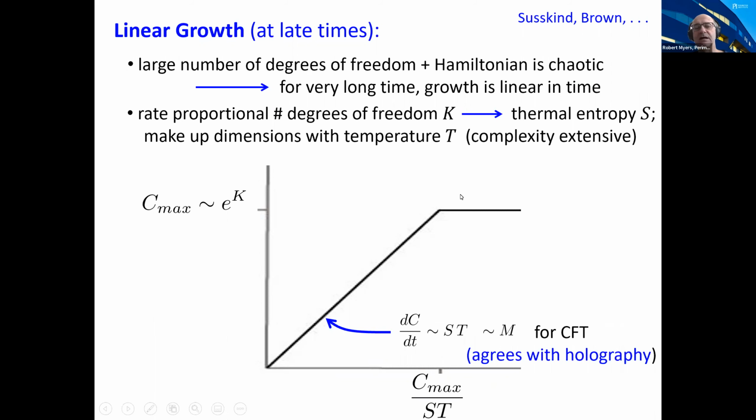And so then I would have that the time rate of change, or the slope here, is proportional to the product of the entropy times the temperature. But for a CFT, that combination is giving me the mass or the energy of the system. And so that agrees with the result that we were getting from our geometric study for these observables.